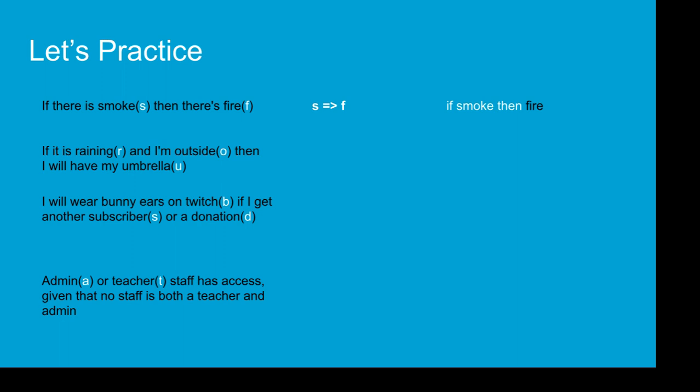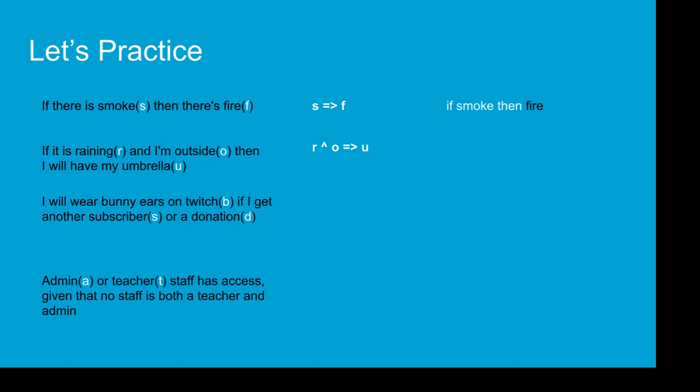So what would that look like in symbols? R and O in parentheses implies umbrella. Don't need to put parentheses because there's only two things there.